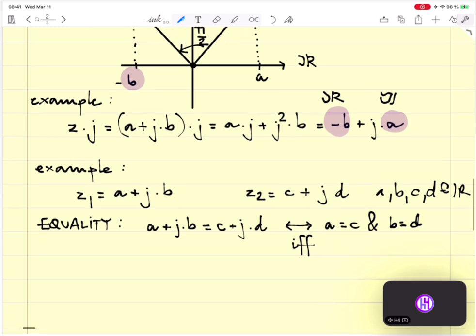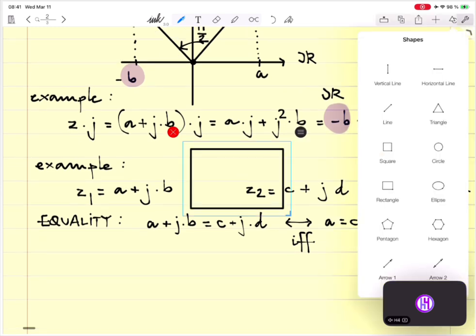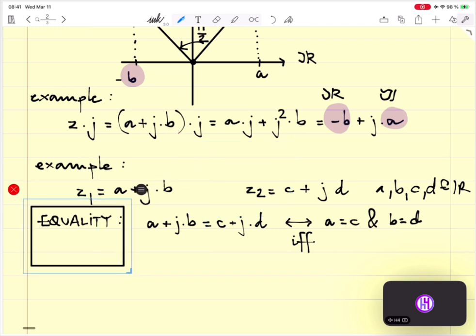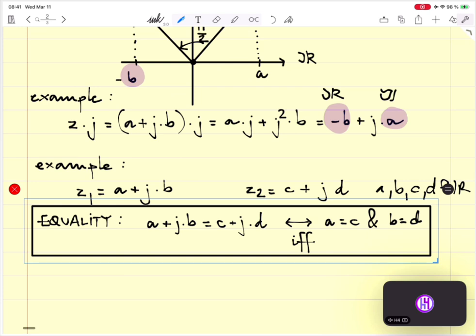This is the equality, meaning that two vectors are only equal if the real part is the same as the other and the imaginary part is the same as the other.